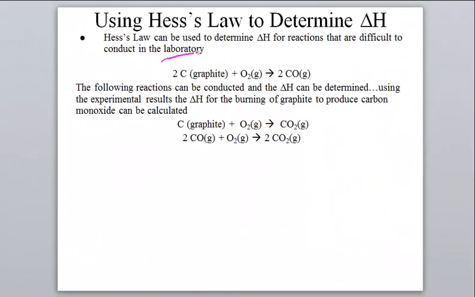Here's a reaction that is experimentally difficult to do. It's taking graphite and doing a combustion reaction with oxygen to form carbon monoxide. And when I say experimentally difficult, it's difficult to mix those two reactants together and just form carbon monoxide. It's pretty easy to take graphite and oxygen and only form carbon dioxide.